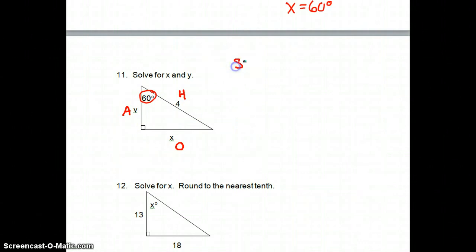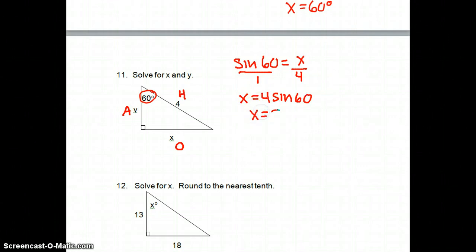So sine of 60 equals x over 4. So cross multiply, x equals 4 sine 60. 4 sine 60 is 3.5, so x equals 3.5.